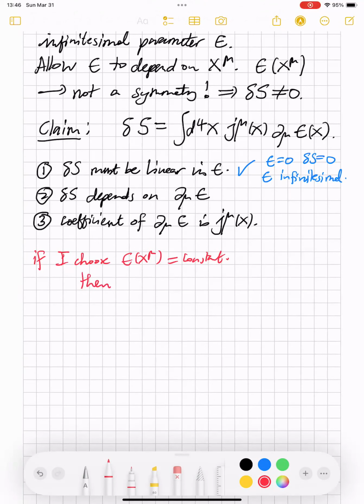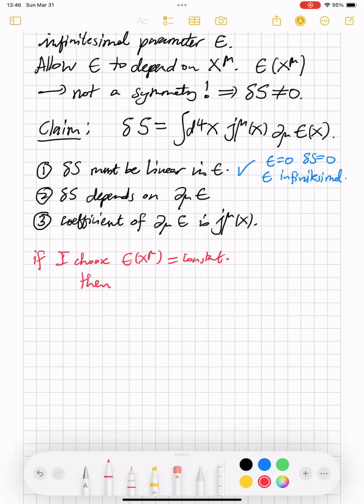Great. And now we come to the final point. Why should the coefficient of d mu epsilon be j mu? Well, let's remember what delta S is. I've taken phi and I've changed it into phi primed, and phi prime was phi plus some symmetry transform, which depends on epsilon acting on phi.